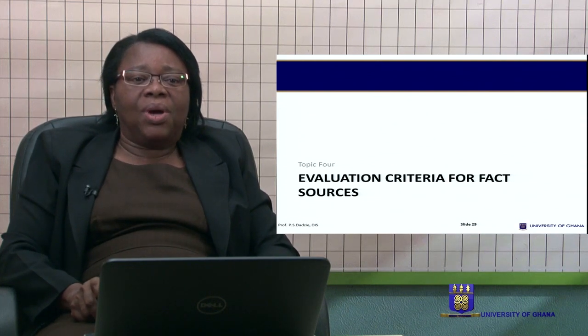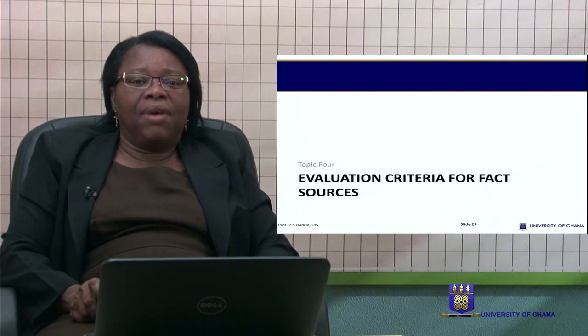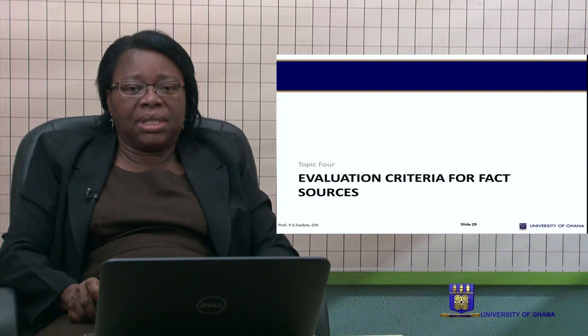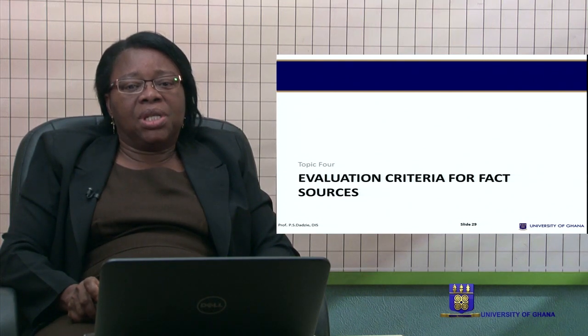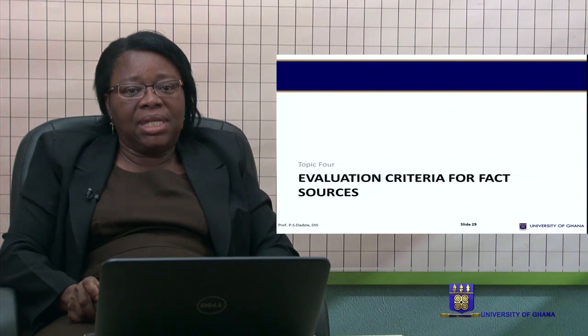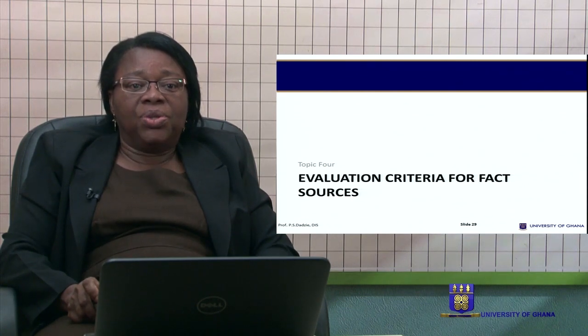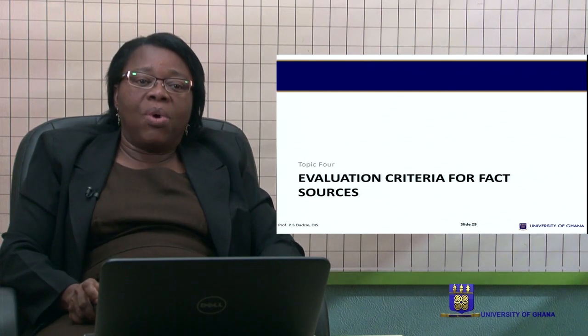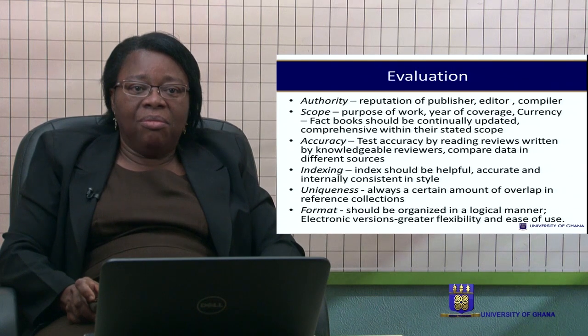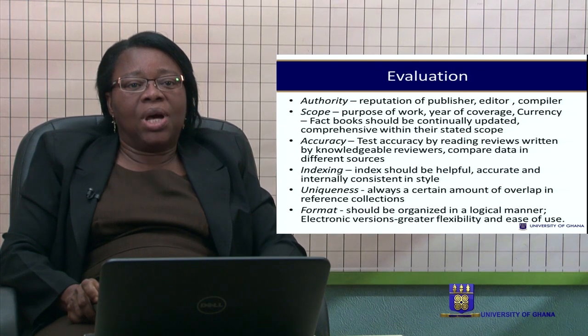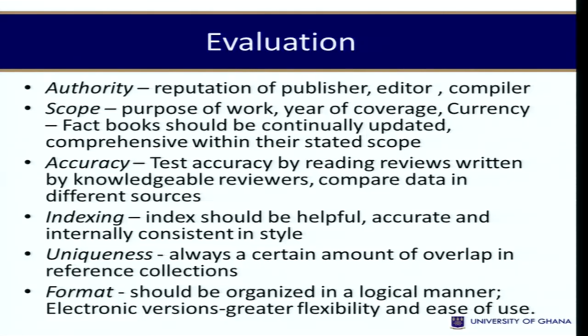Now, let us look at the last part, which is the evaluation criteria for fact sources. I am going to mention just the main criteria because we have explained them already in session 2. Session 3 went into detail to explain what these criteria mean. So authority, you need to look at the authority of the fact sources. You look at the accuracy.